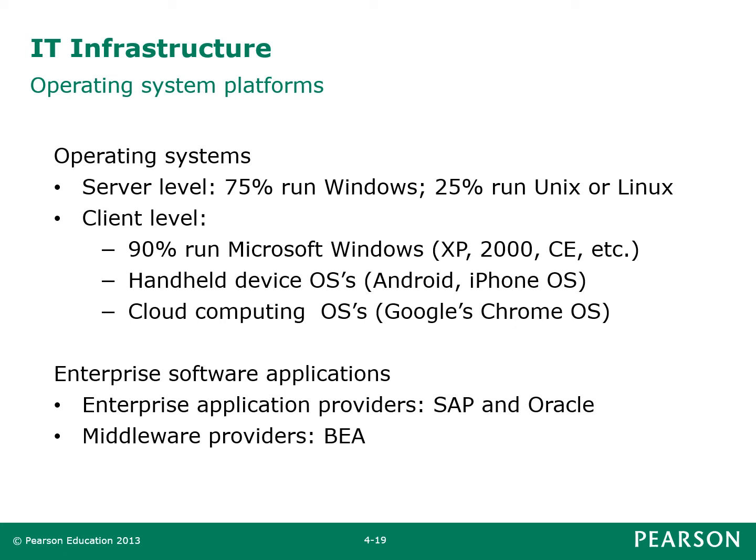The main providers of these systems, or the market leaders, are SAP and Oracle. For middleware providers, there are BEA and Salesforce. For cloud computing, more and more enterprises from the middle tier are using these solutions.